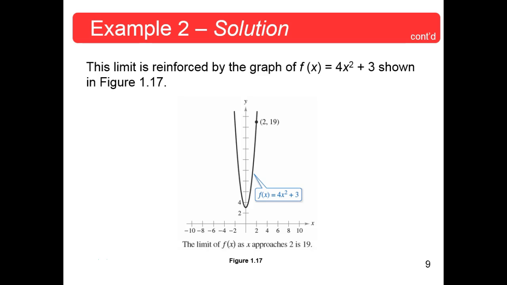And then you add 3 to it, that's the vertical shift upward. And 4 is a vertical stretch, so that really stretches these things. And sure enough, if you plug in x equals 2, you get 4 times 2 squared is 4, 4 times 4 is 16 plus 3 is 19. Sure enough, that point is on there. That's what it's approaching from both directions. Okay. As if you had any doubt.